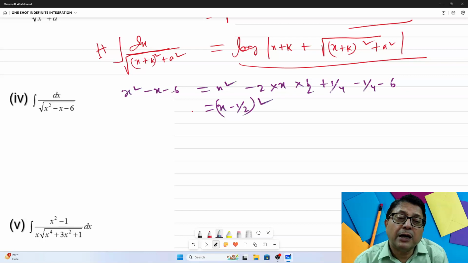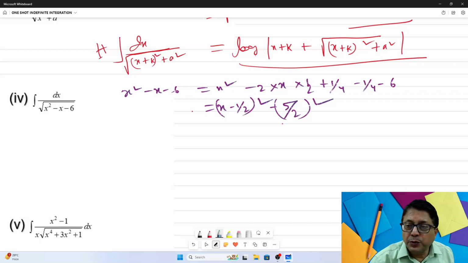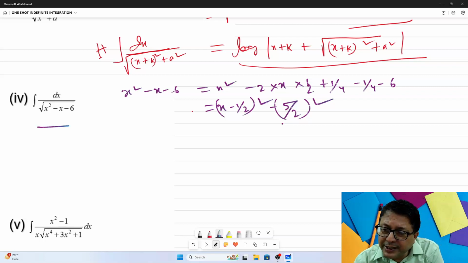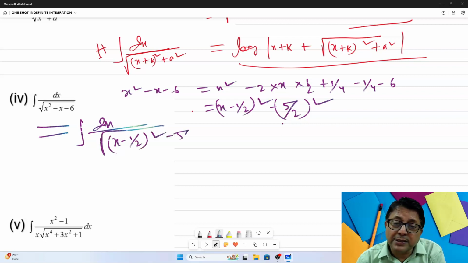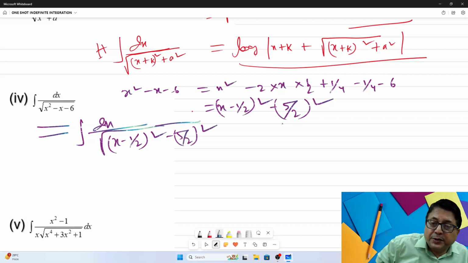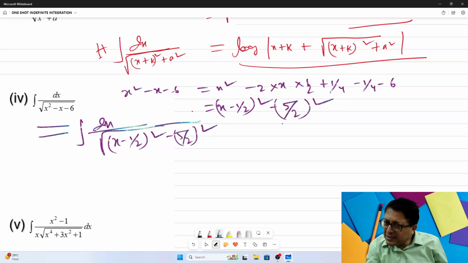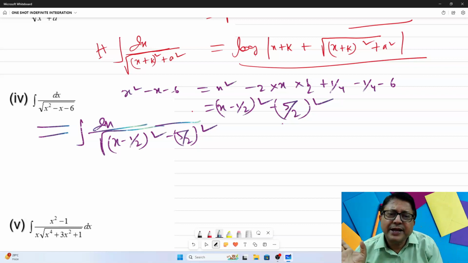So x minus half whole square minus 25 by 4, that is 5 by 2 whole square. So this integrand is changed to dx by under root x minus 1 by 2 whole square minus 5 by 2 square. I told you x minus half can be treated as x only.